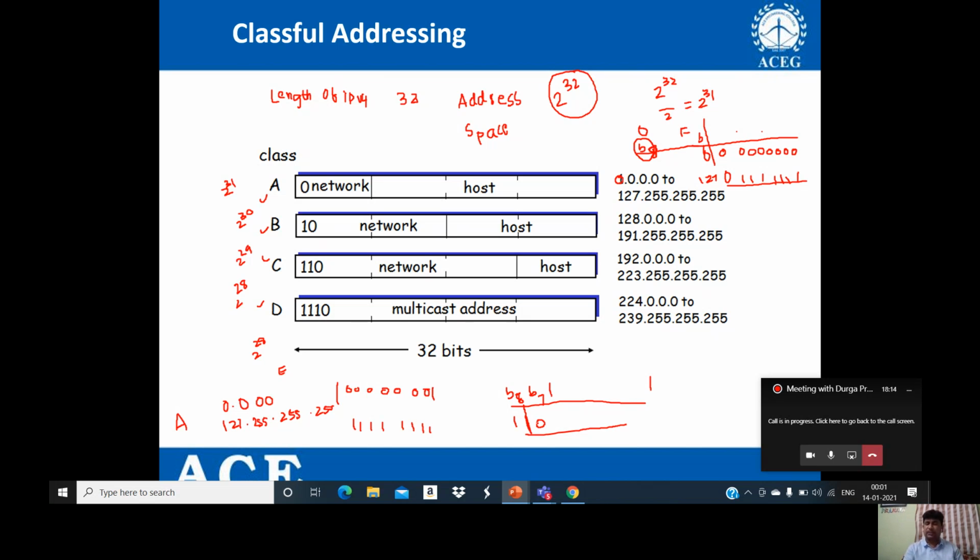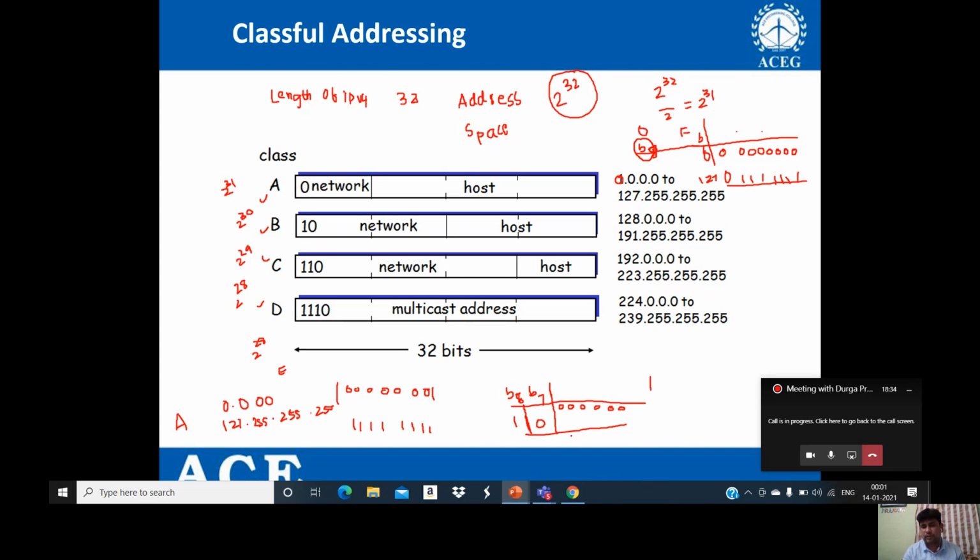So if the first bit is 1 and the second bit is 0, then that series indicates class B. The first two bits are fixed as 1, 0, and the remaining bits go from all zeros to all ones.